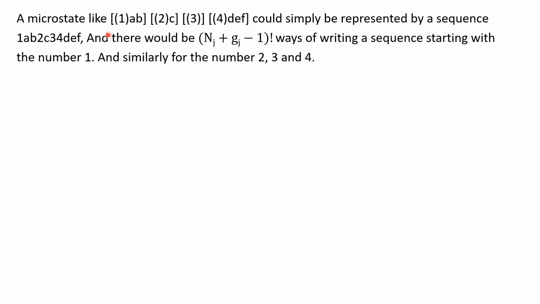A microstate like this could be simply represented by a sequence of this type. So here we could have (nj + gj − 1)! ways of writing this sequence which starts with the number 1.